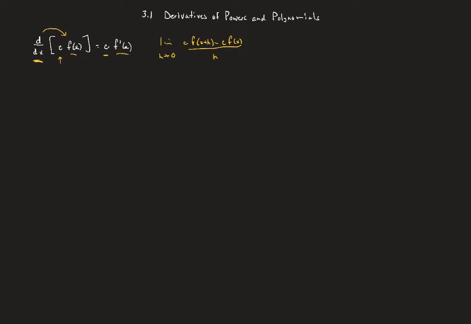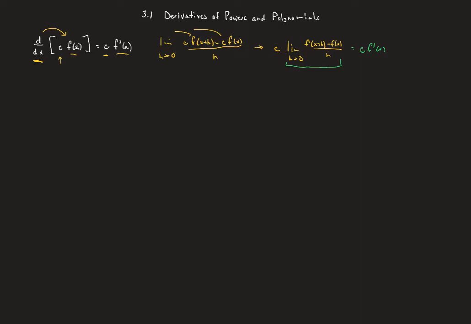And so that c we could just factor out, and we could actually factor it all the way outside of the limit altogether. And so it would then become just c times the limit as h goes to 0 of f of x plus h minus f of x all over h. And hopefully we recognize that this is what we call f prime of x, the derivative function.